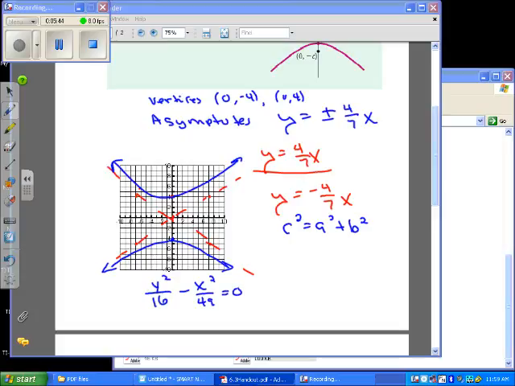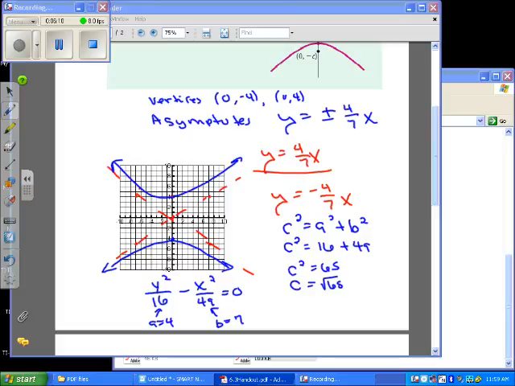A is 4, and B is 7. So C squared is equal to A squared, which is 16, plus B squared, which is 49. If I simplify that, C squared is equal to 65. So C is equal to the square root of 65, which does not simplify.